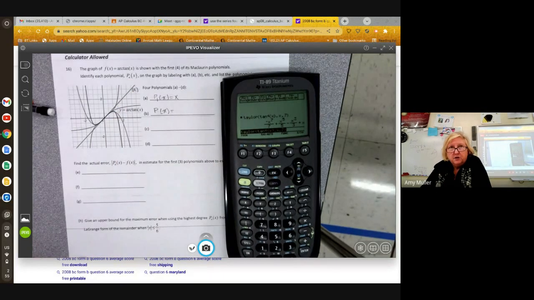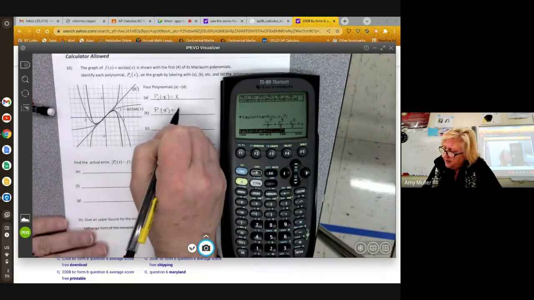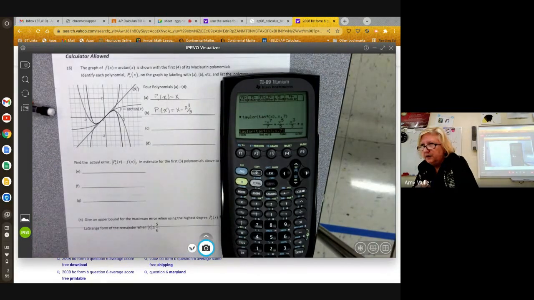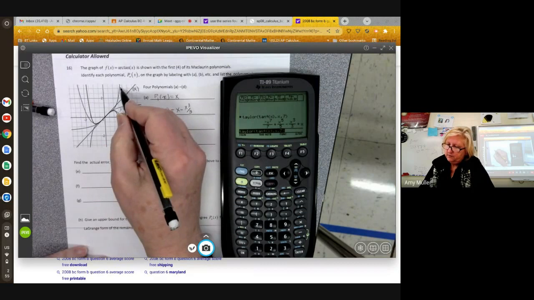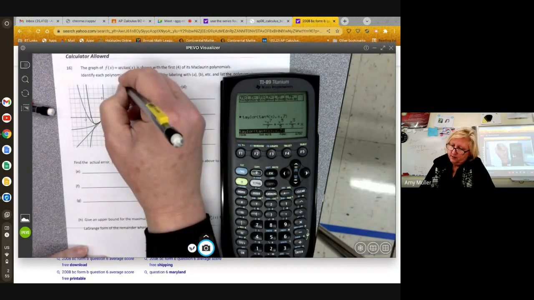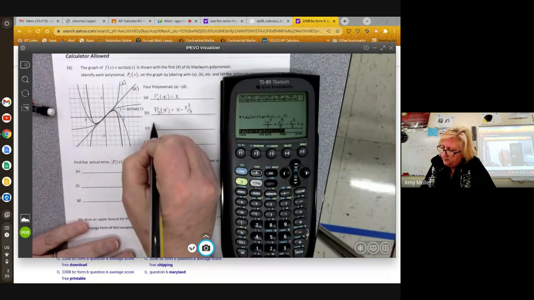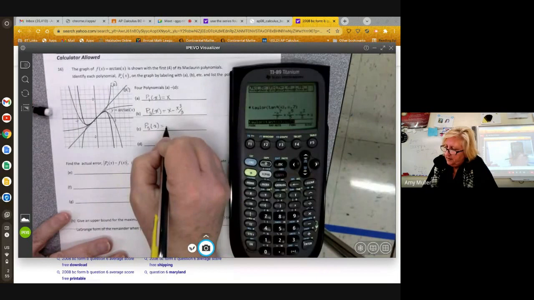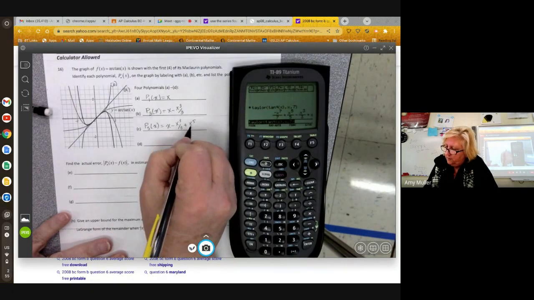That's what I wanted them to do, is label that one. Then the next one is x minus x cubed over 3. There is no factorial, right? And that one's going to be this one, so that's B. And then P sub 5 is going to be x minus x cubed over 3 plus x to the 5th over 5.